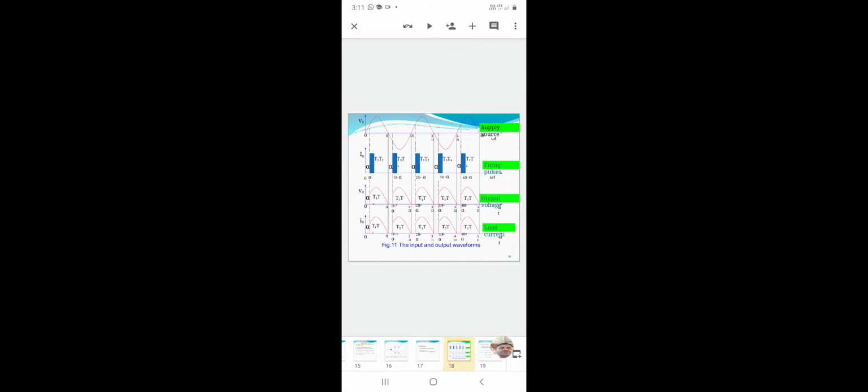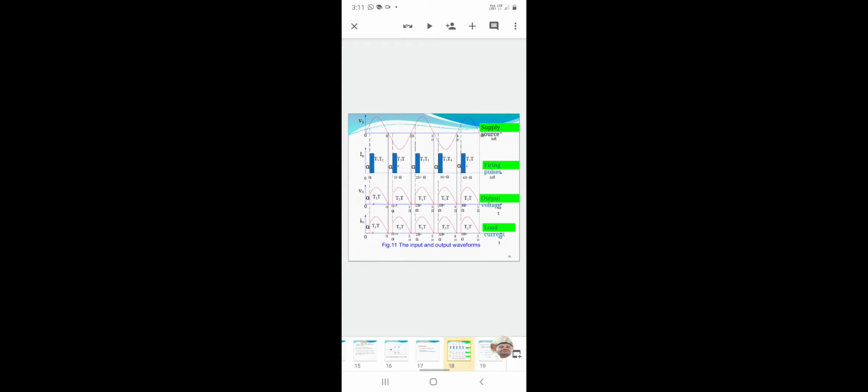Vs equals Vm sin omega t, d omega t. Vm is constant, and the integration of sin omega t d omega t equals minus cos omega t.